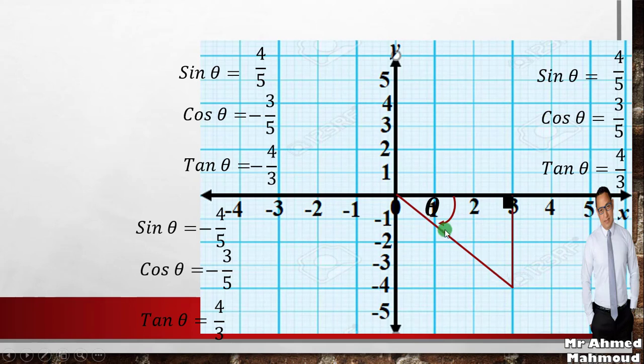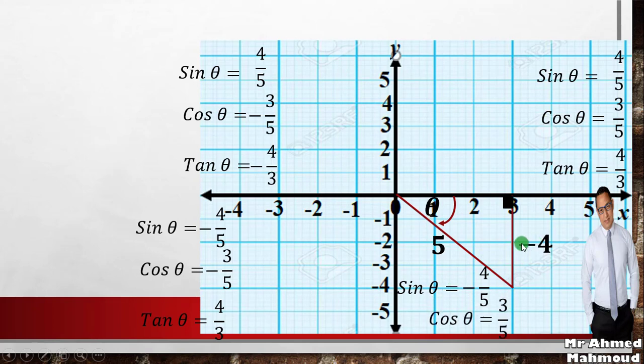The hypotenuse equals 5 by using the Pythagorean theorem. Now sine theta equals opposite over hypotenuse, negative 4 over 5. Cosine theta equals adjacent over hypotenuse, positive 3 over 5.